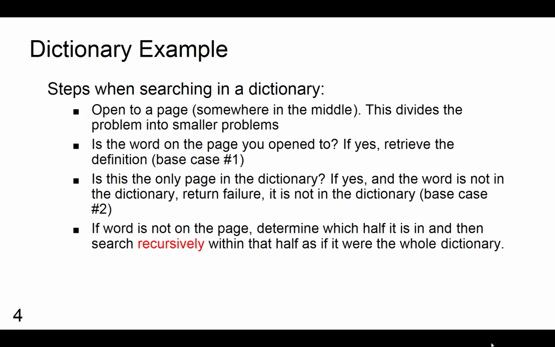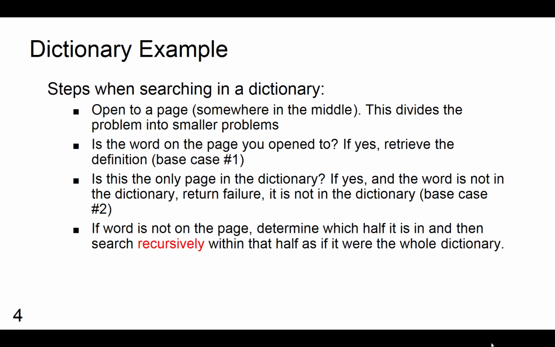Normally, we just open to a page very close to the middle. This way, we divide the problem into two smaller problems, and we check whether the word is on the page we open to or not. If it is, we just retrieve the definition from the middle page, which is the base case.